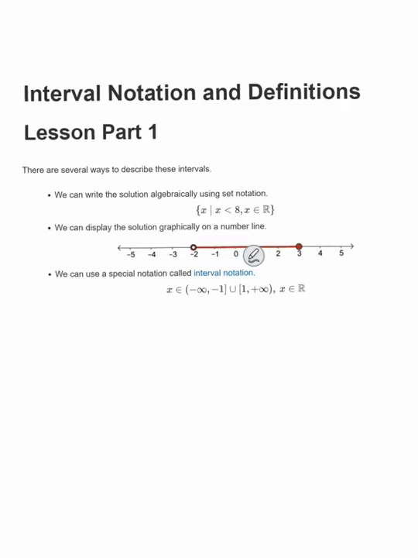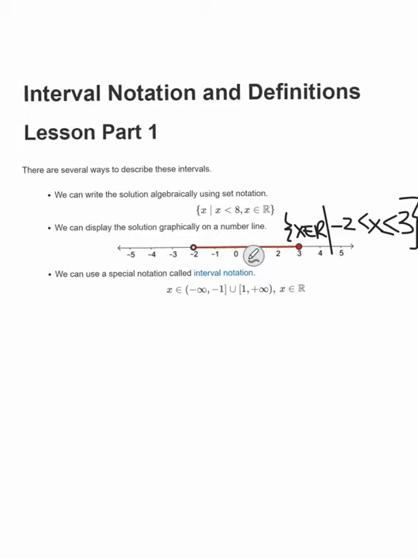So if we wanted to write this in set notation, we would write x element of R such that, because it is continuous during that interval, negative 2 not included, x, and 3 is included, so x is less than or equal to 3.